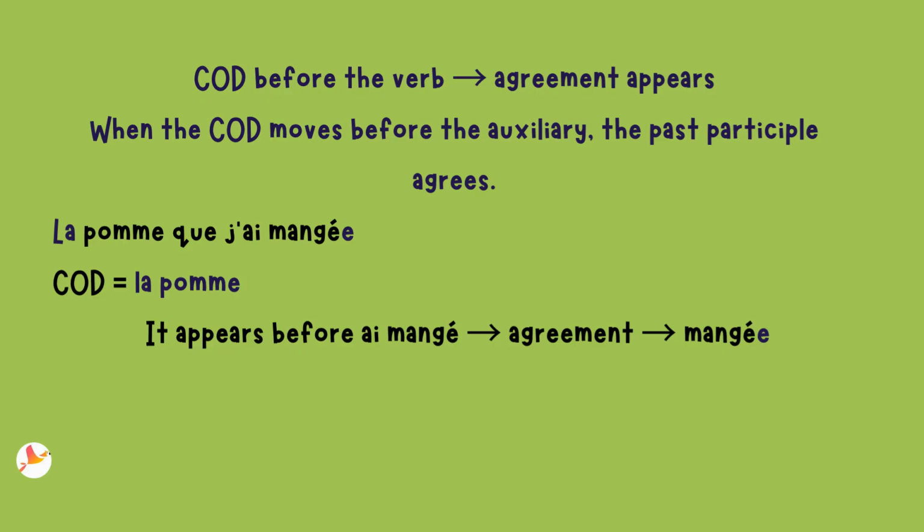So if we say la pomme que j'ai mangée, then we will add an e to manger because the position of the direct object, la pomme, is now before the helping verb. So once the direct object is before the helping verb, there will be agreement between the past participle, in this case manger, and the subject, or the object that you're going to be describing, right?